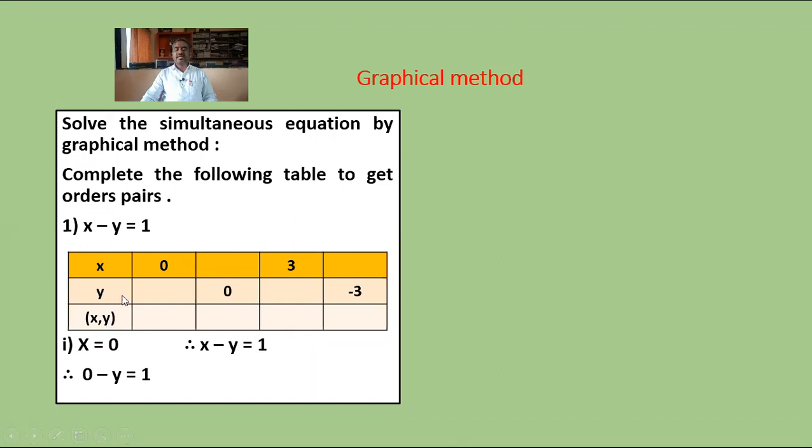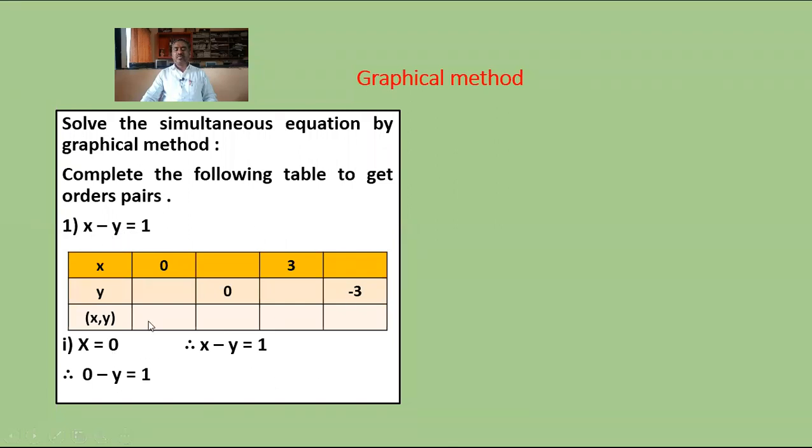Next, given the value of y, find the value of x and write its coordinate point. Third, x is equal to 3, find the value of y and write the coordinate point. And last, y is equal to minus 3, find the value of x and write the coordinate point with the help of this linear equation in two variables.